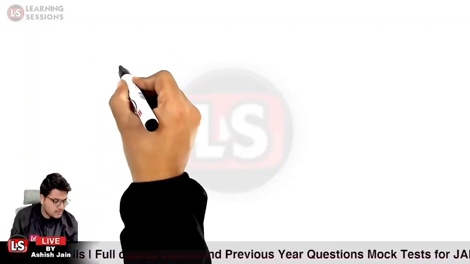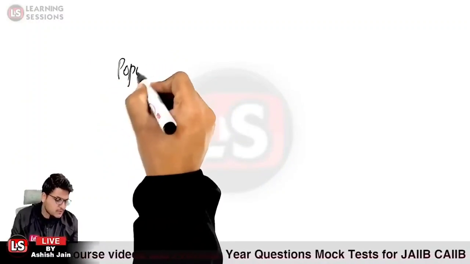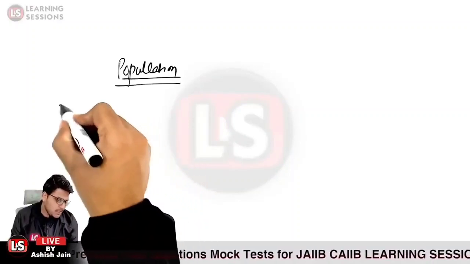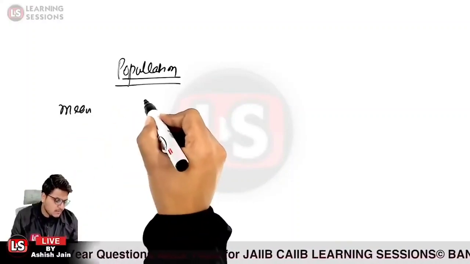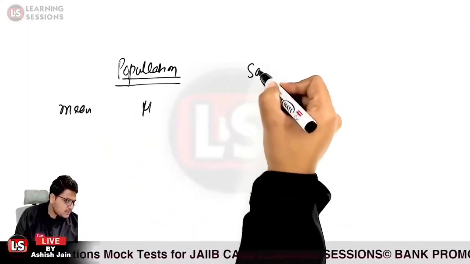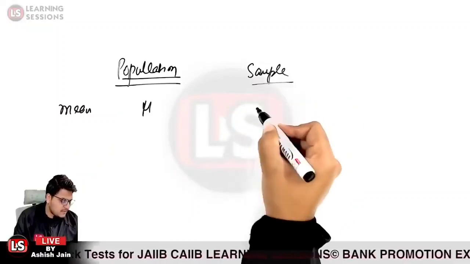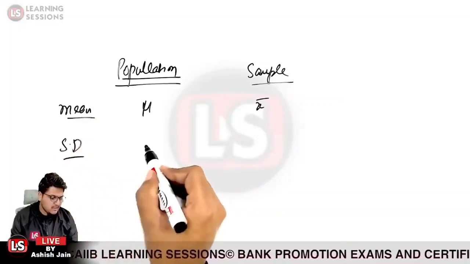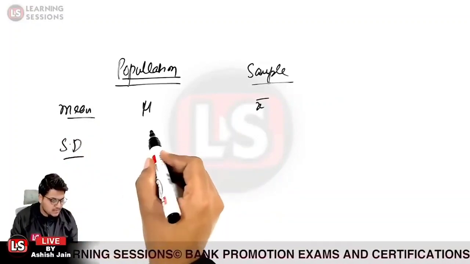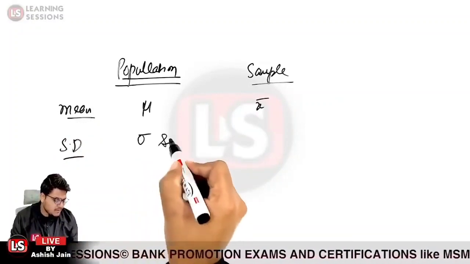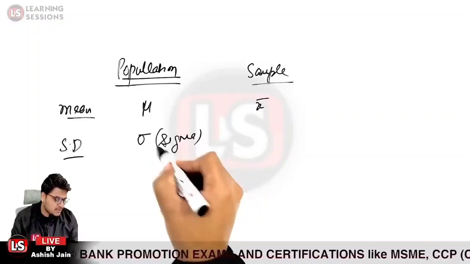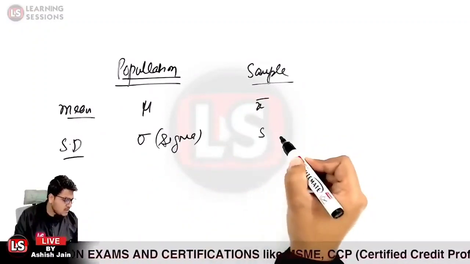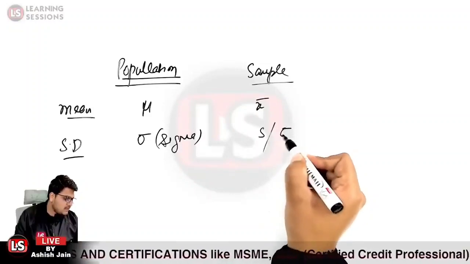Okay, so let me give an example related to it. First of all, we are considering population. For population, the mean is represented as mu, and in the case of a sample, it is represented by x bar. When we talk about the standard deviation, it is represented by sigma in the case of population, and for the sample, it is represented by small s, or we simply write sigma x bar.